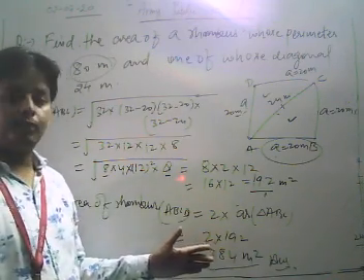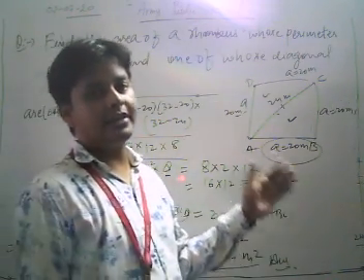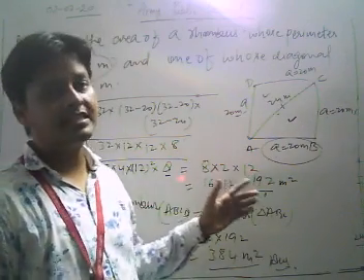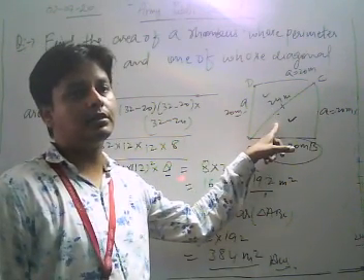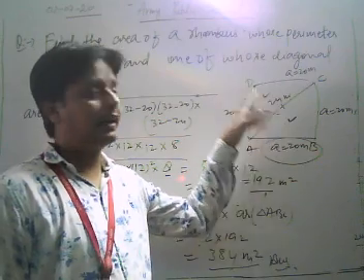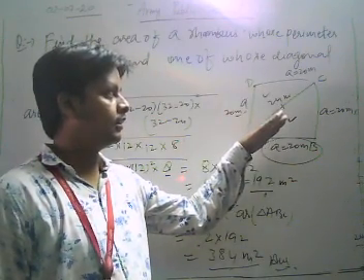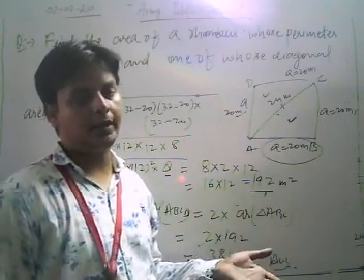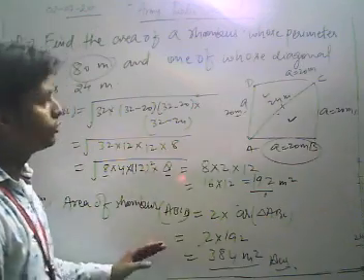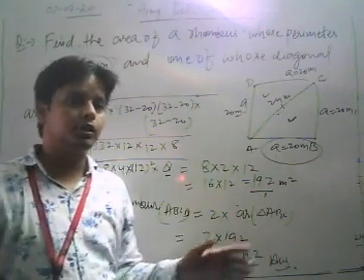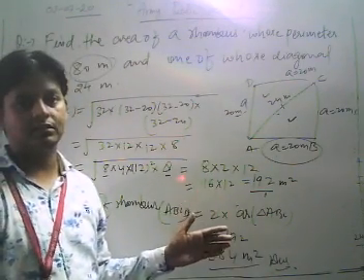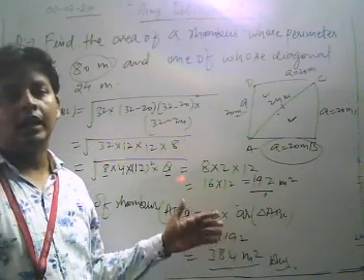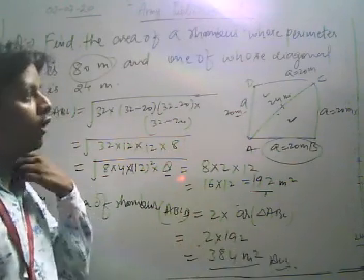In this way we find the area of rhombus ABCD, because the diagonals of the rhombus bisect the rhombus. So dear students, you solve all the questions of your NCERT exercise based on Heron's formula.